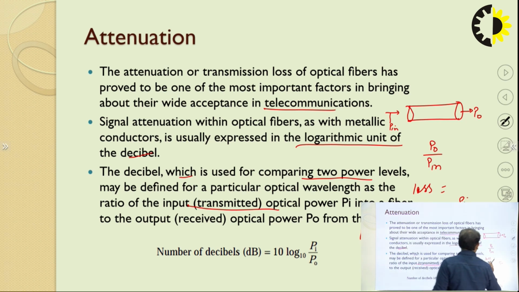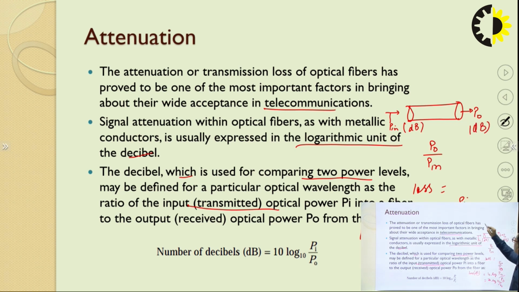Now if I have the input power in decibel and the output power also in decibel, then attenuation is equal to P in decibel minus P out in decibel. Clear?